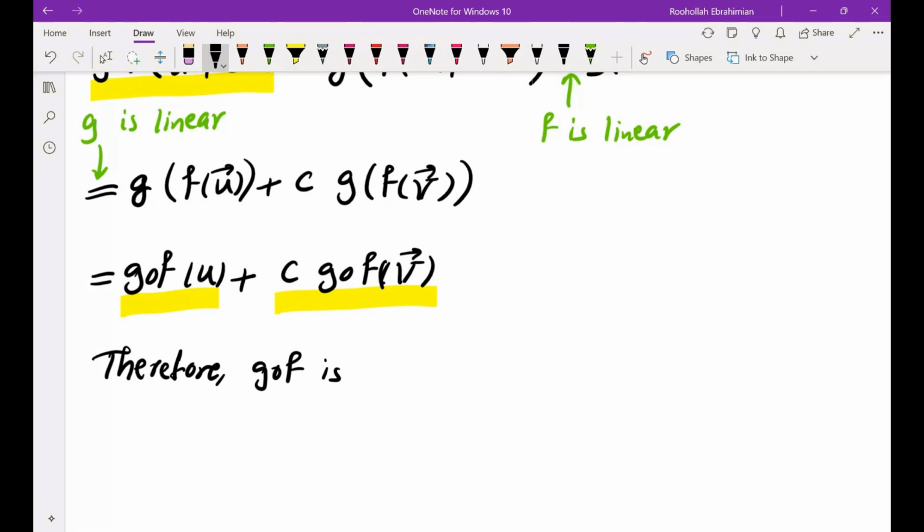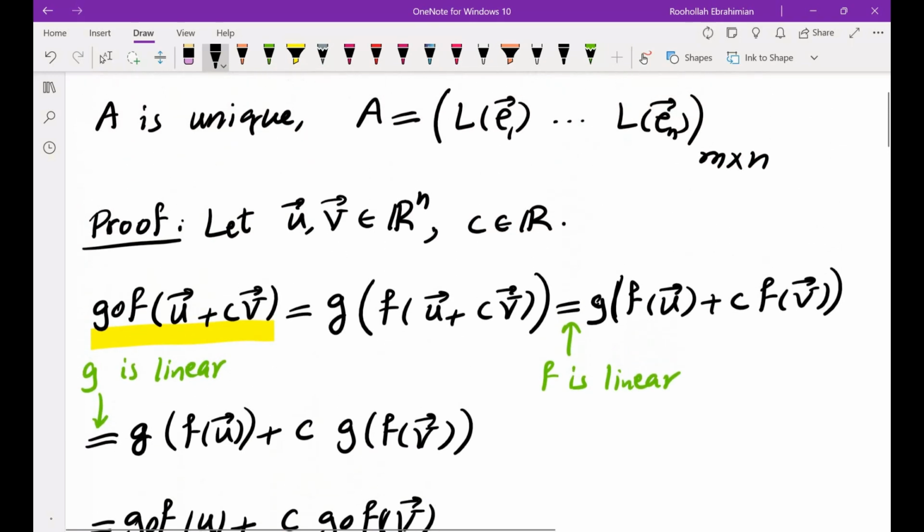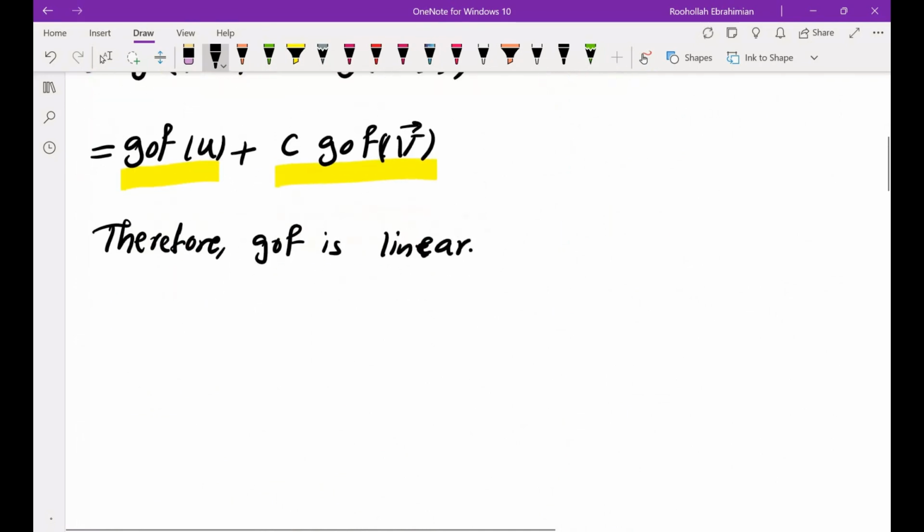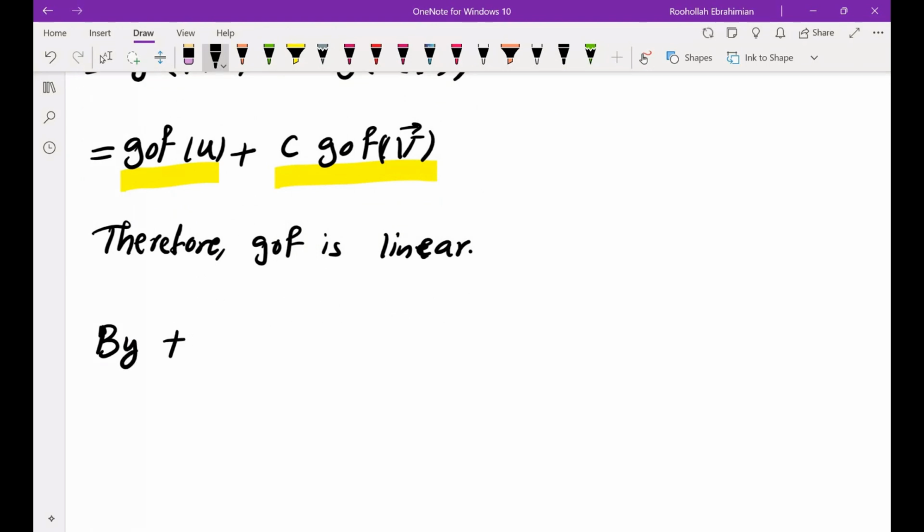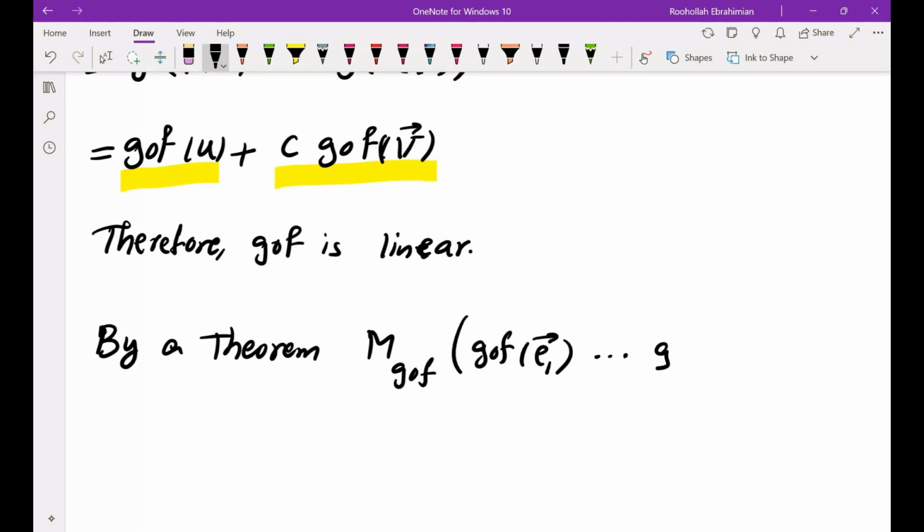Now that I know it is linear, I can go ahead and find its matrix. So what is the matrix? If you recall, by a theorem, the matrix of g∘f is g∘f of e1 all the way to g∘f of en.